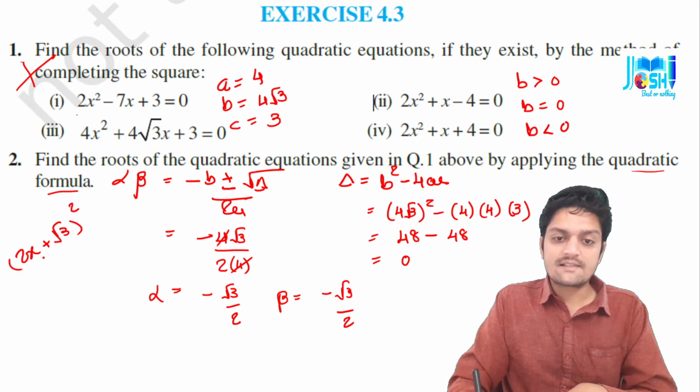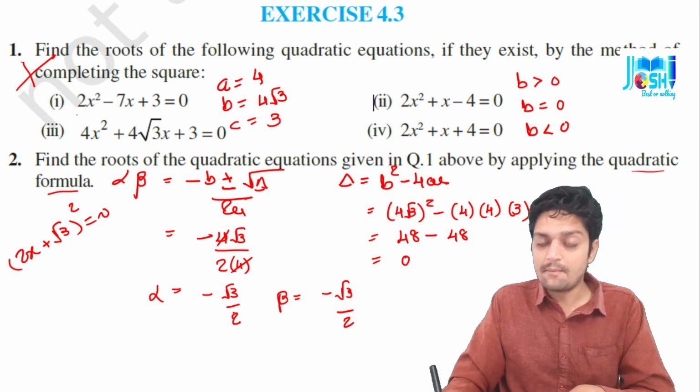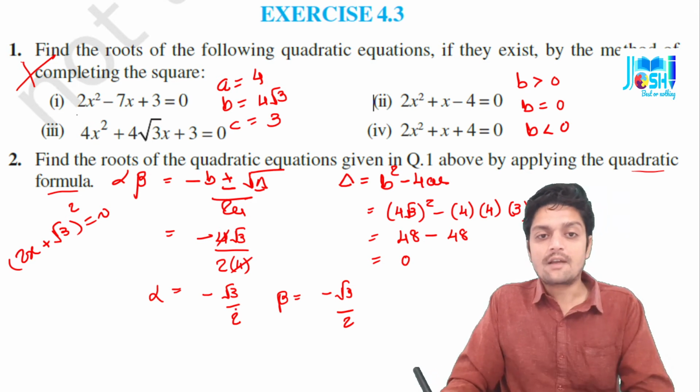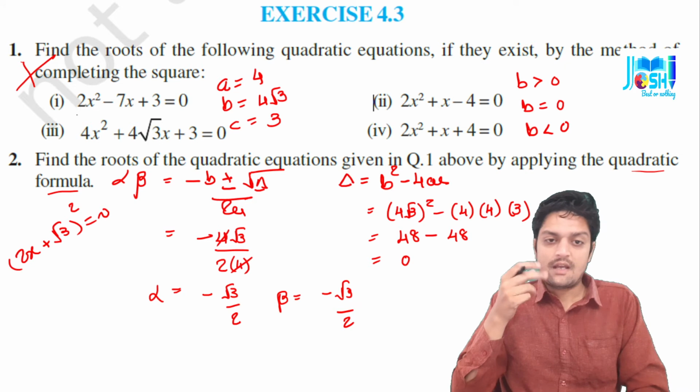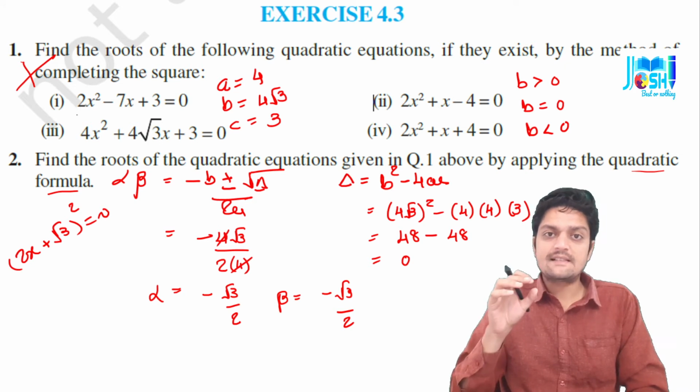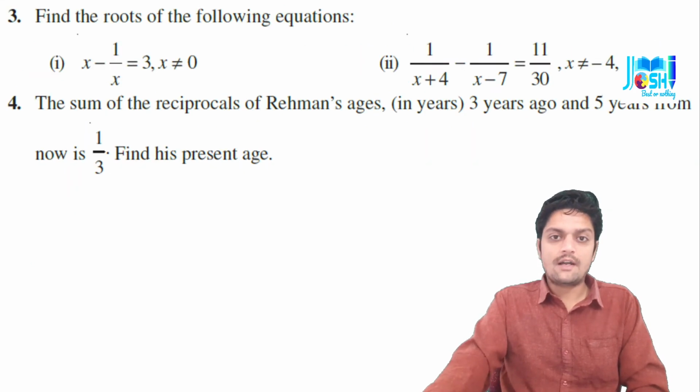So 2x plus root 3 whole square is equal to 0. From this equation, if you get the value of x, you will get the same minus root 3 by 2. Like this only you have to solve all the questions. I hope these things are clear to you now. And now let me go ahead.